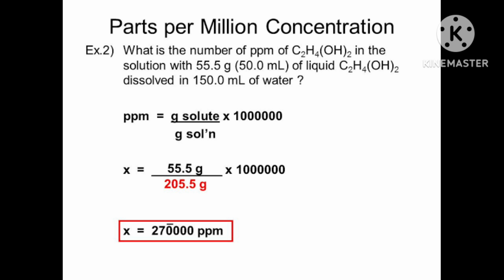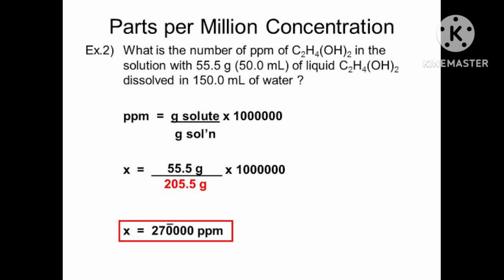At this concentration, 35% by volume, ethylene glycol is 35 ml and the total volume is 100, meaning 35 plus 65 is 100. This is called antifreeze.